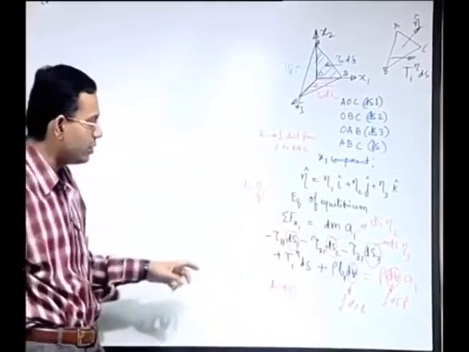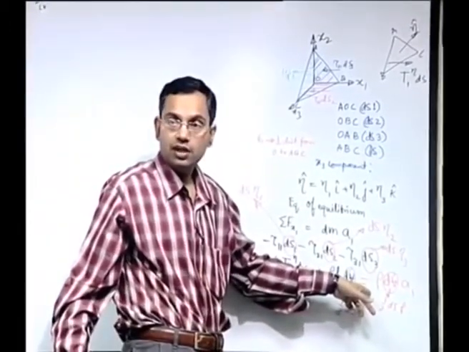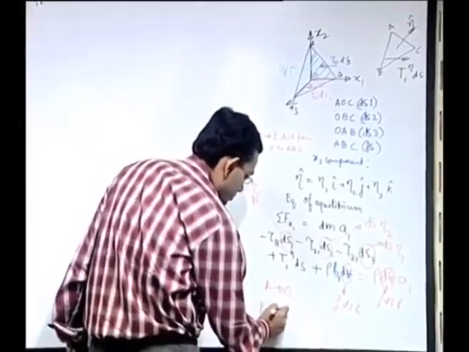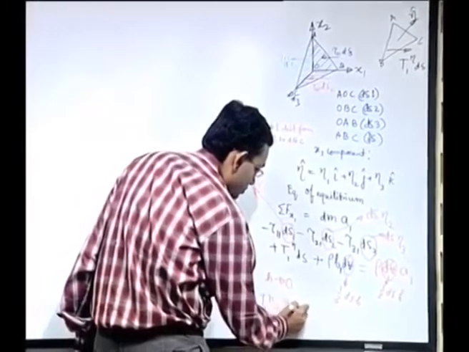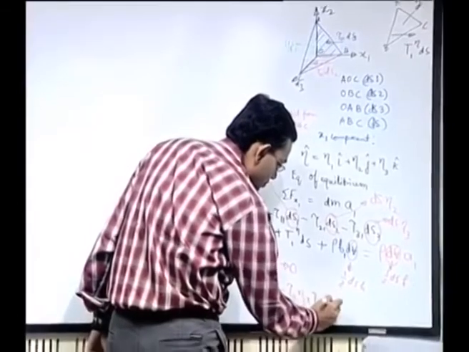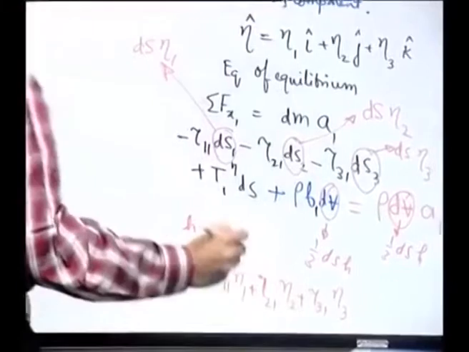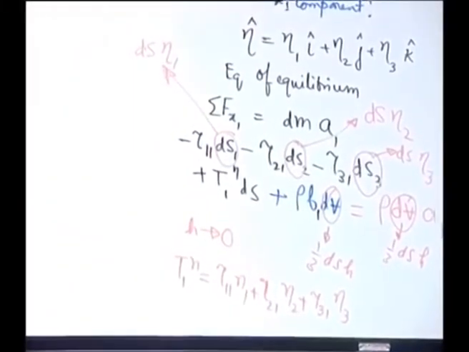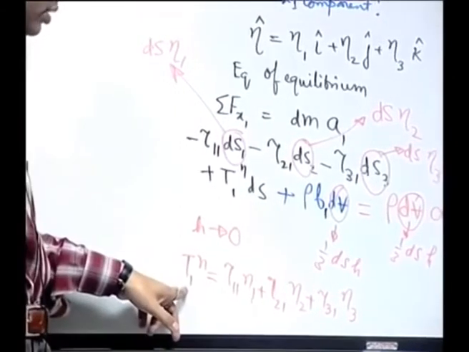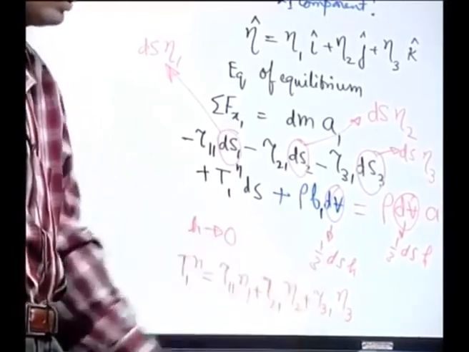As h tends to 0 you will see that the body force term and the acceleration term will vanish and you will be left with T eta along the direction 1 is tau 11 eta 1 plus tau 21 eta 2 plus tau 31 eta 3.